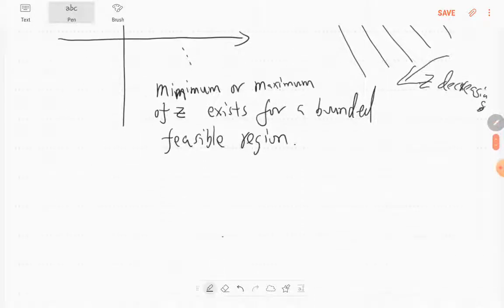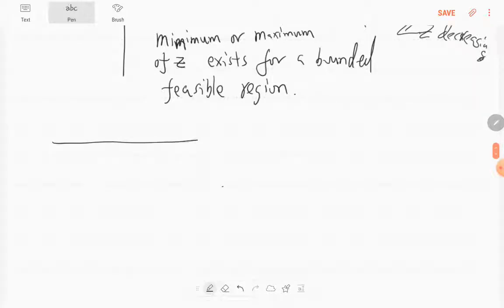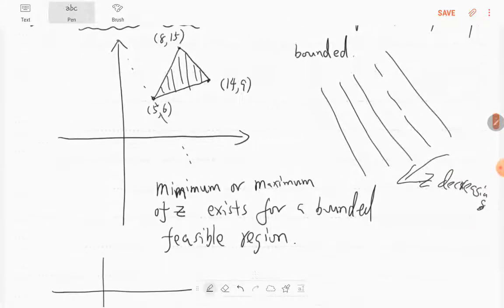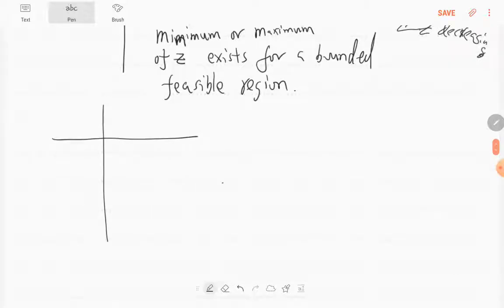Okay, so we need to test, so we draw a table. We put the points: this would be (8, 15), and this is (14, 9), and (5, 6). These are the 3 corners of this region, and this is the z values.